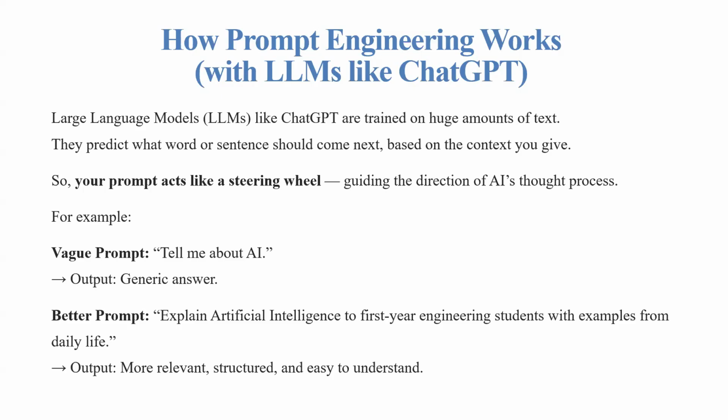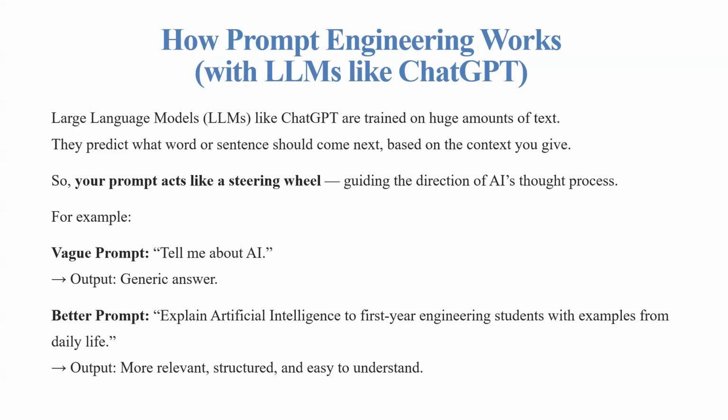Now, here is an important point. Many people think ChatGPT understands language exactly like a human does, but that's not how it works. Instead, an LLM predicts what word or sentence is most likely to come next based on the context you provide. This prediction happens extremely fast, giving the impression that the AI is having a natural conversation.